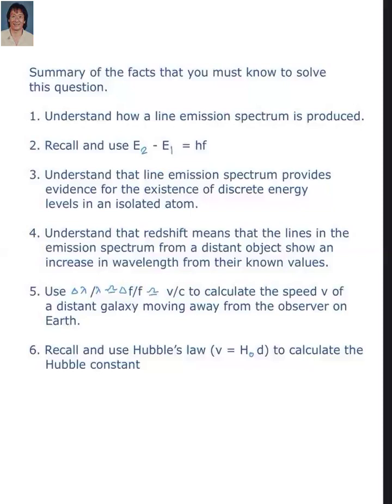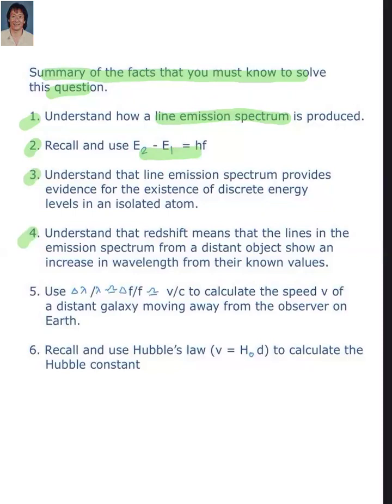You can see why the unit is per second from here. This is a summary of the facts that you need to know to solve this question. Number 1, you must understand how the line emission spectrum is produced. Number 2, you must recall and use E2 minus E1, which will give a positive value, equals hf. Number 3, understand that line emission spectrum provides evidence for the existence of discrete energy levels in an isolated atom.